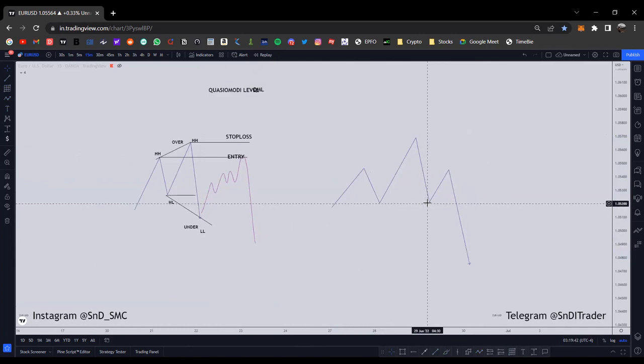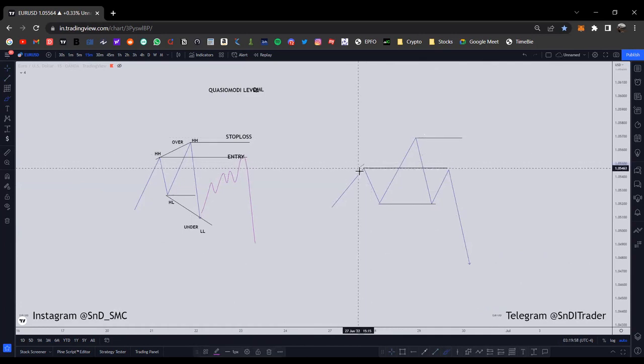But you see, in this head and shoulder pattern, we have the formation of equal lows right here. So people look for entry at the shoulder and stop loss at the head. So we have a higher high, higher low, higher high, higher low. But what we have here is a higher high, higher high, and lower low. So that is the difference between the head and shoulder and the Quasimodo.